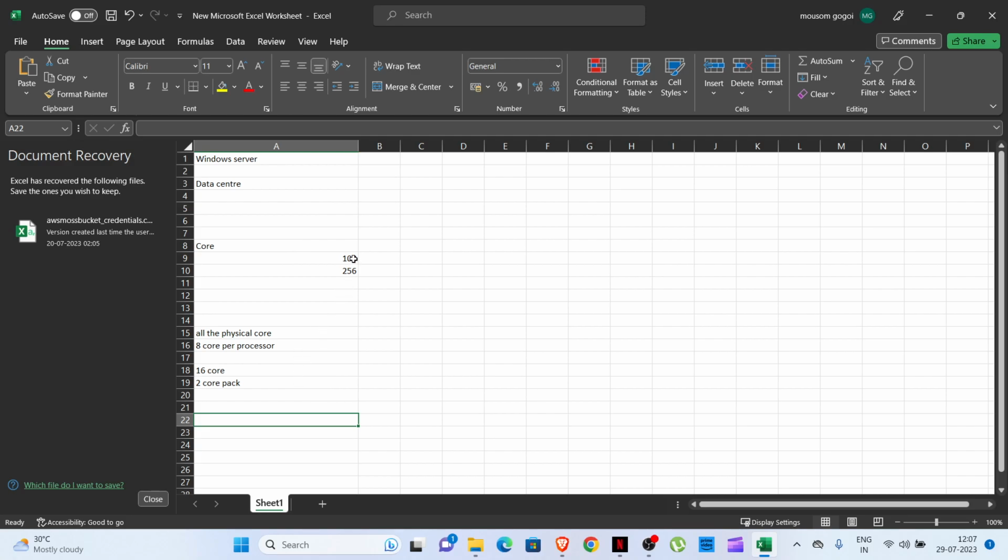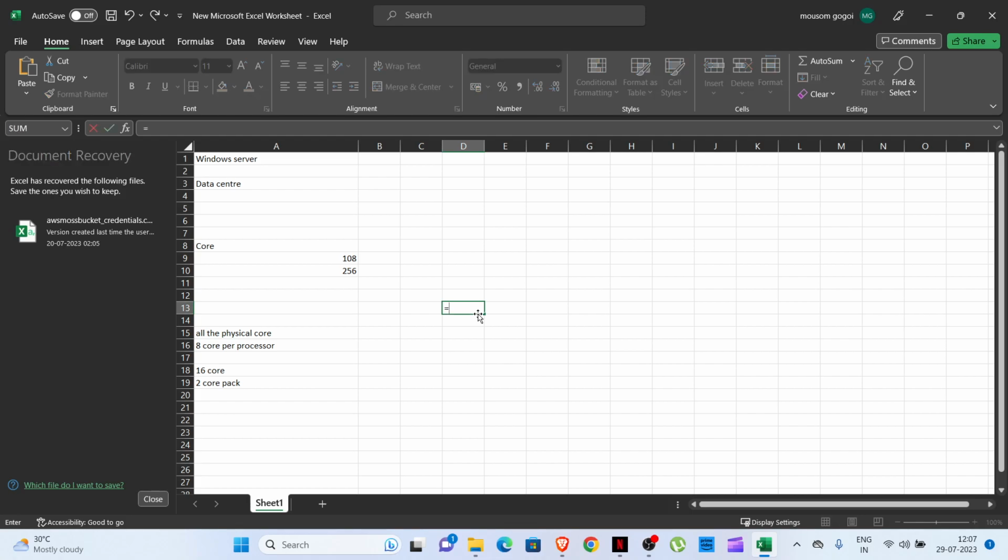In case of 108 cores, what we need to do is first license the entire 108. Let's see how to do it. There are two ways. 108 divided by 16 gives 6. So for 16 we can use 6 packs, which is 96 cores.